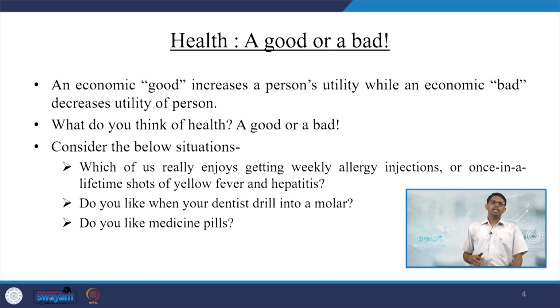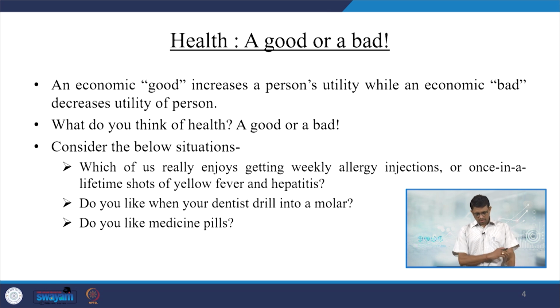To start with, health is a good in the sense of good or bad. An economic good increases a person's utility, while a bad obviously decreases the person's utility. How do we think of health, good or bad? We can cite some examples to clarify.